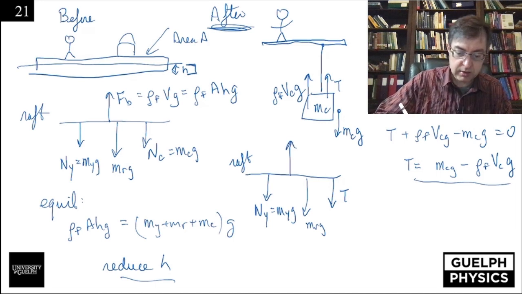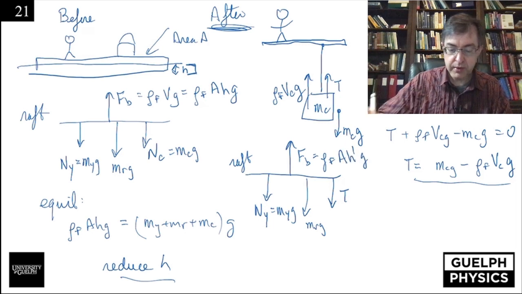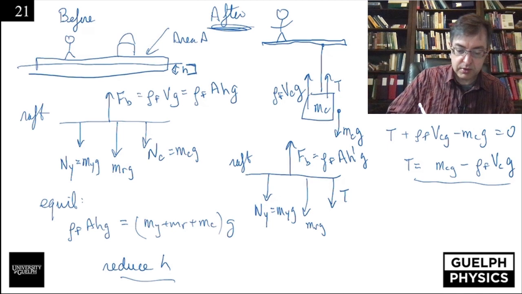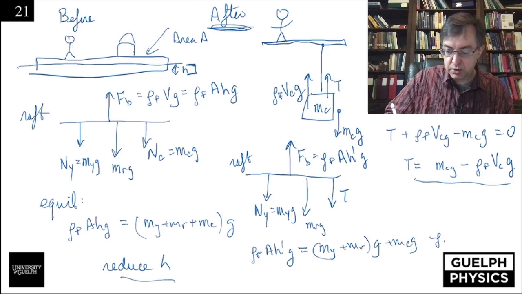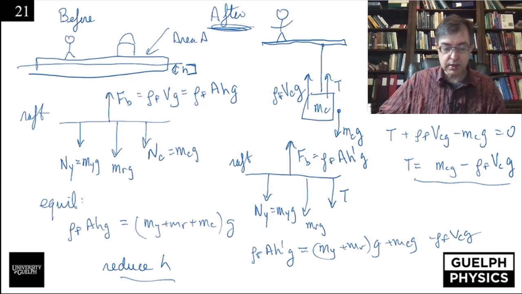And there is a buoyancy force acting up, which is rho F A h prime G. Now, equating forces, rho F A h prime G is equal to M_Y G plus M_R G plus tension, which is M_C G minus rho F V_C G.